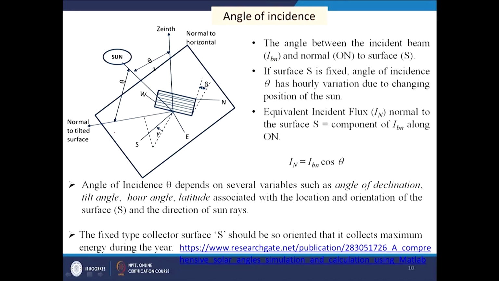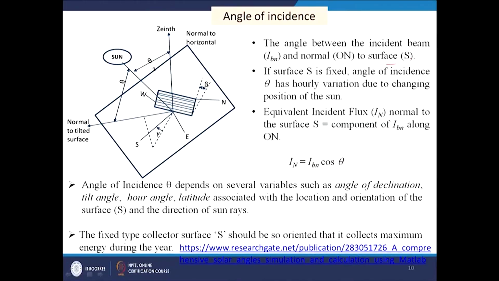Now, we will see what those factors are. We have seen that the angle of incidence is an important factor for insolation. What is that angle of incidence? Say we have one flat plate fixed on a particular area, and sun rays are incident on it. The incident beam and the normal to the plate will make some angle, here theta, that is called the angle of incidence.